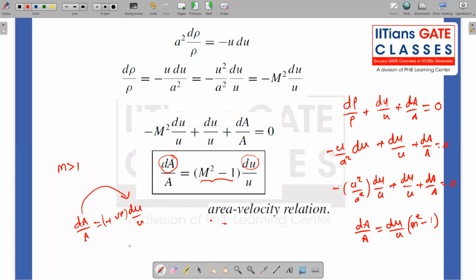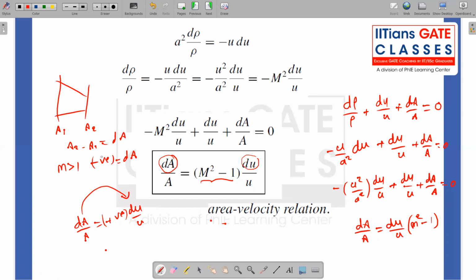Say my area is decreasing, converging, so I have A1 and A2. dA is A2 minus A1, so dA is negative for a converging duct. That means to make this positive, du also has to be negative.